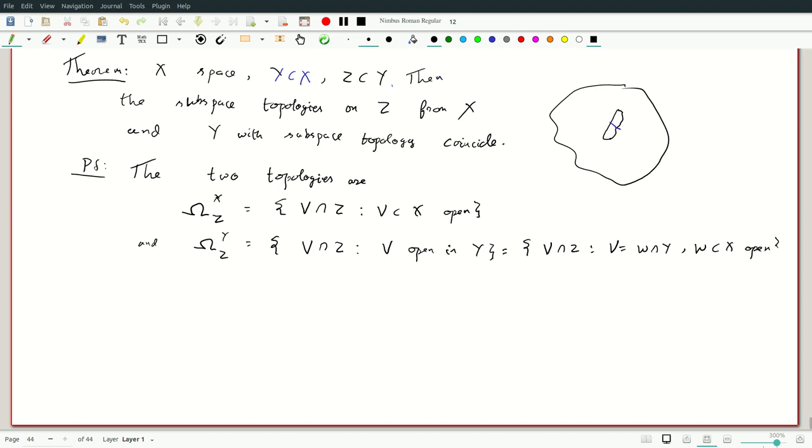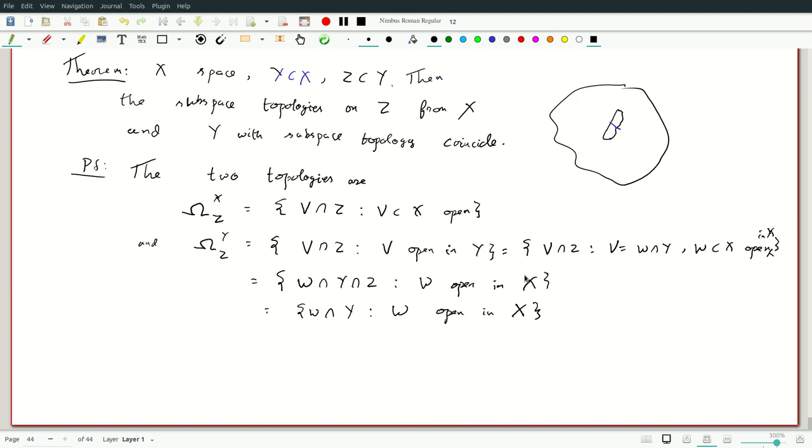So we are using the subspace topology, and this is simply W intersect with Y and then Z, and then W open in X. So here it's open in X. We simply substitute, instead of writing it as V intersection Z, V is this, so we substitute it, and it's ranging over all open subsets of X. But of course, Z is contained in Y, so this is just W intersection Z, W open in X.